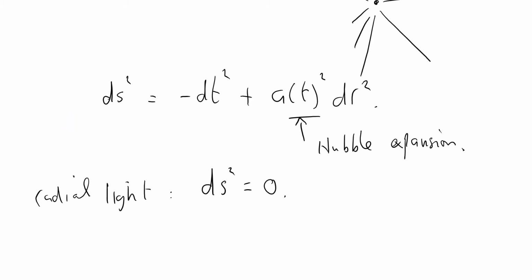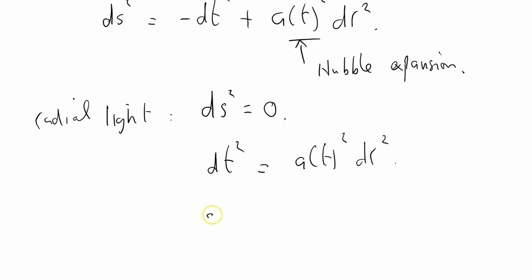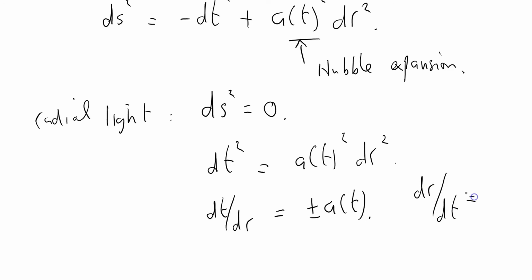So for radial light, we've got ds squared equals 0, and that means that dt squared equals A of t squared times dr squared. And so dt by dr equals plus or minus A of t. And we could also invert it and say that dr by dt equals plus or minus 1 over A of t for radial light.